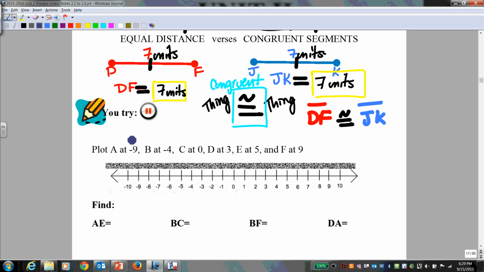Let's plot these points. We have A is at -9. And B is at -4. And C is at 0. D is at 3.